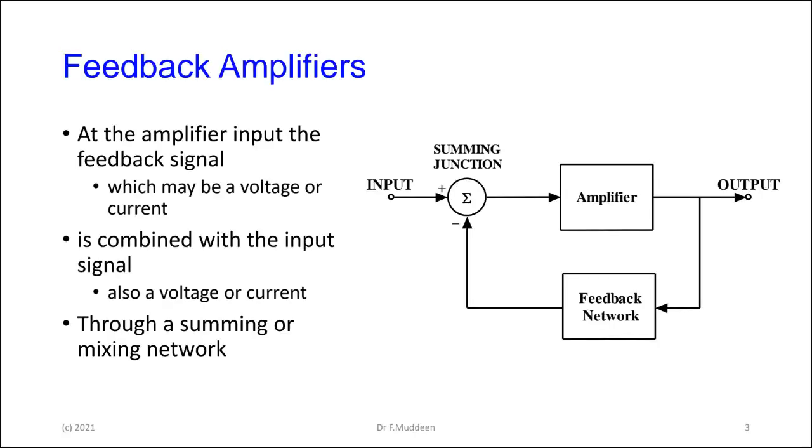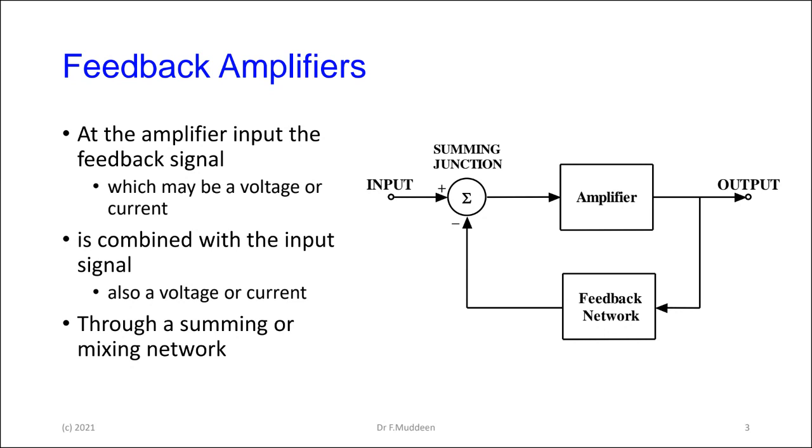Just to summarize in a slide: you have the input to the amplifier, and typically the input to an amplifier for our purposes may be either current or voltage. That goes through the amplifier, which amplifies the current or voltage.